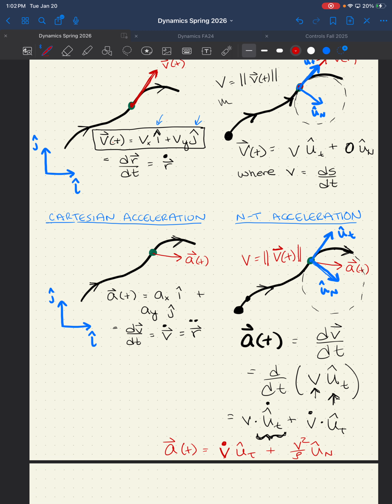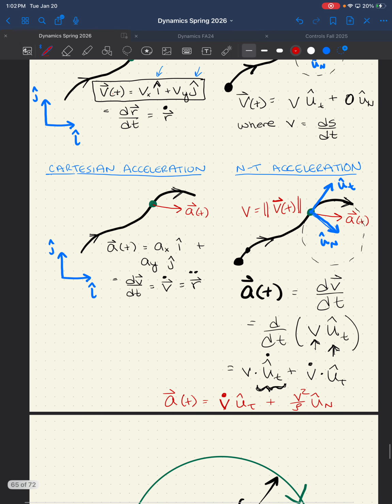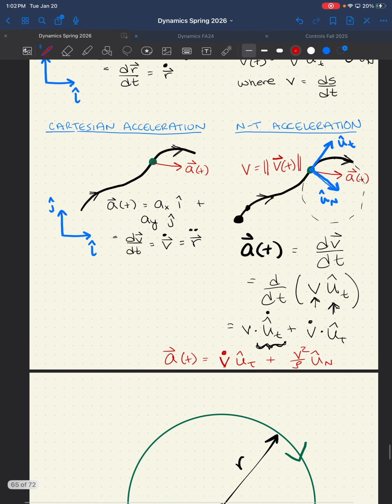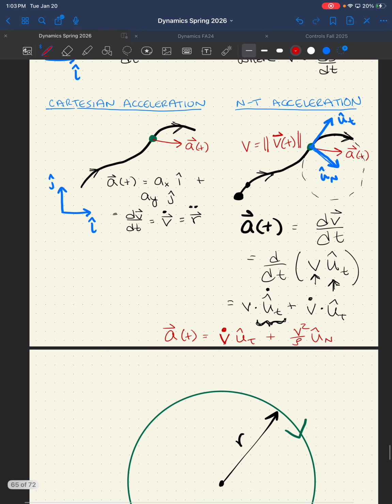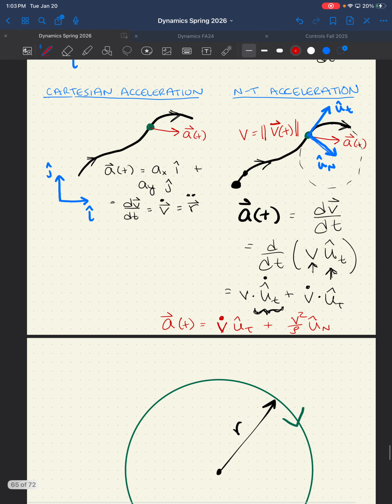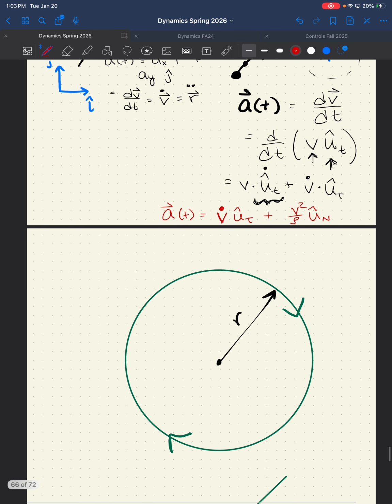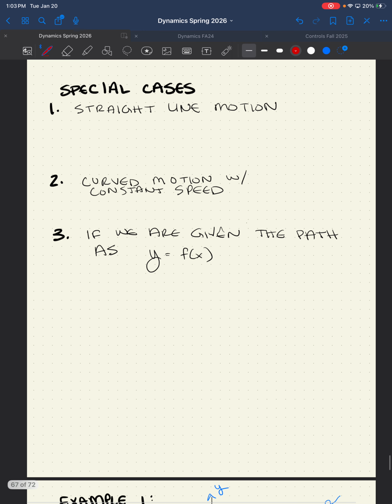So that means that acceleration as a vector will only have the tangential component to it. This goes to 0. Divide by infinity.